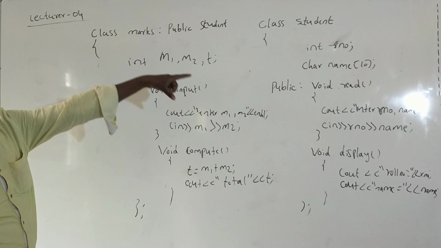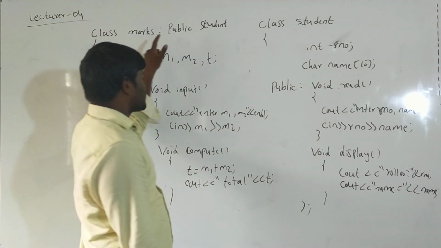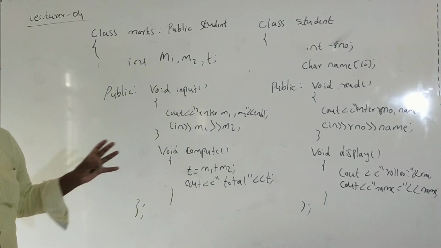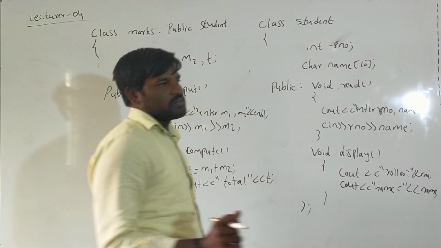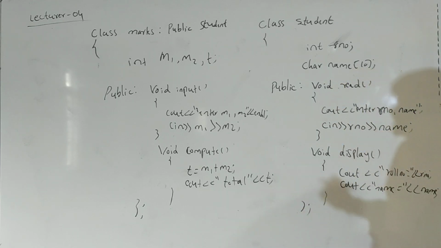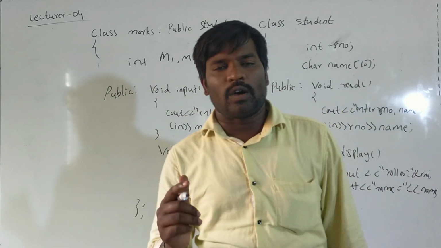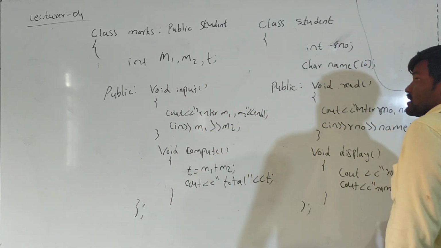See here, class student is the base class and class marks is the derived class. After defining the derived class, next we have to create the object. One thing we have to remember is that in the inheritance concept, we always create the object of the derived class.